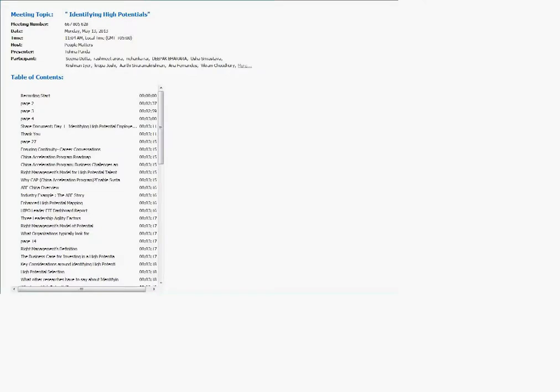Yeah, so that's a good question. Typically, I think what you're looking at is around maybe 3 to 5% of the organization could fit within that category of high potential. That seems to be the general consensus based on the research that I've seen. It's a small portion of the organization that really fits within that category.